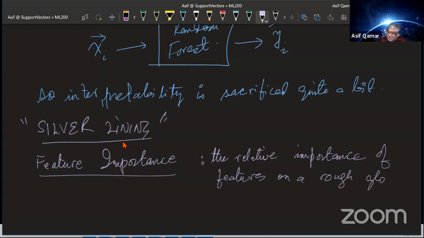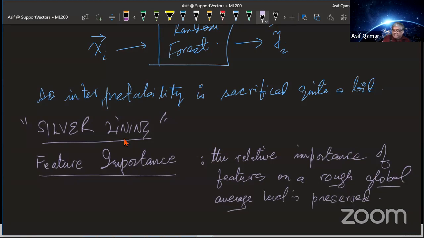Rough global average level is preserved. Now, I used a lot of words. Let me explain it.